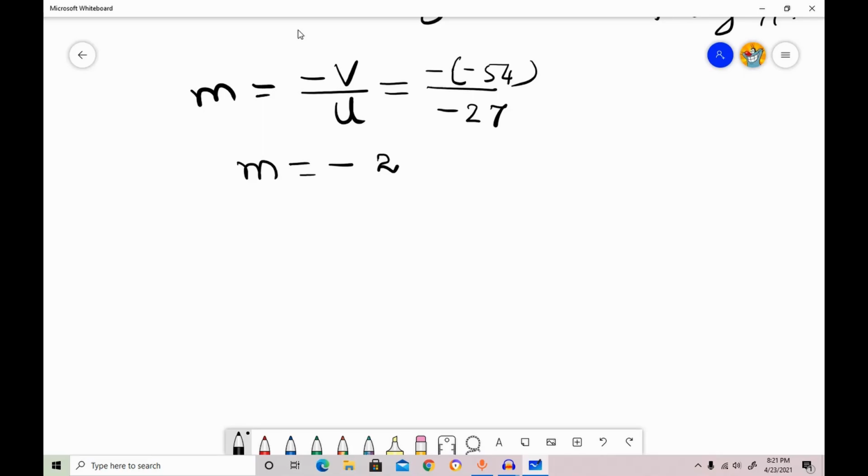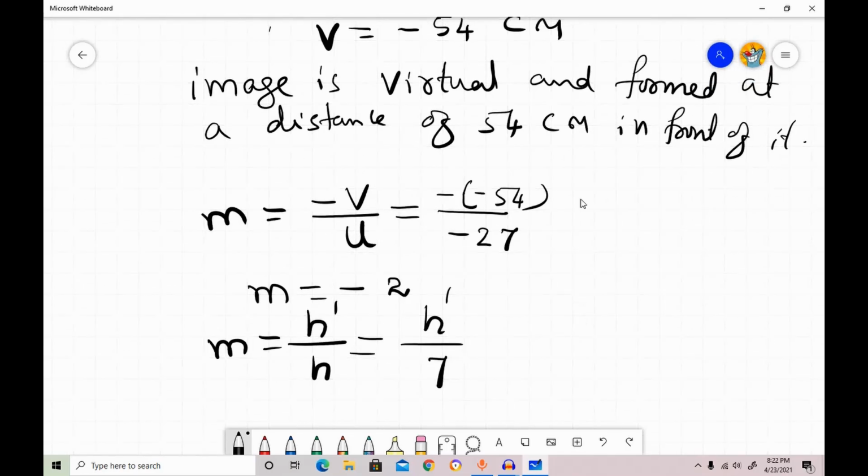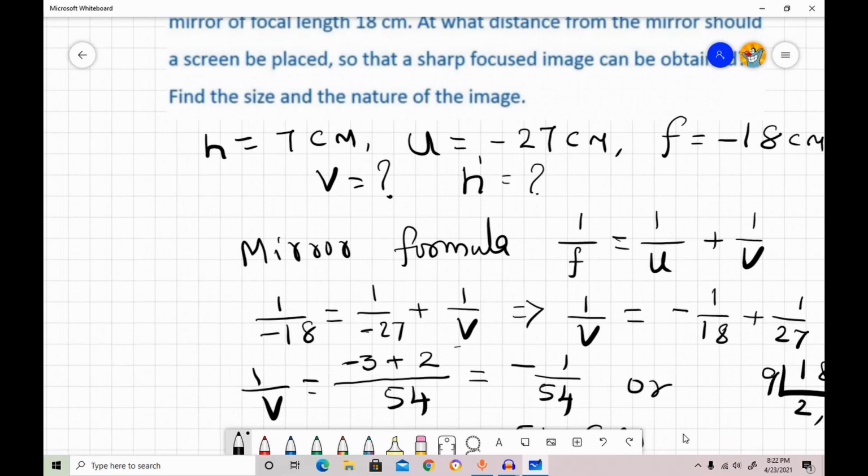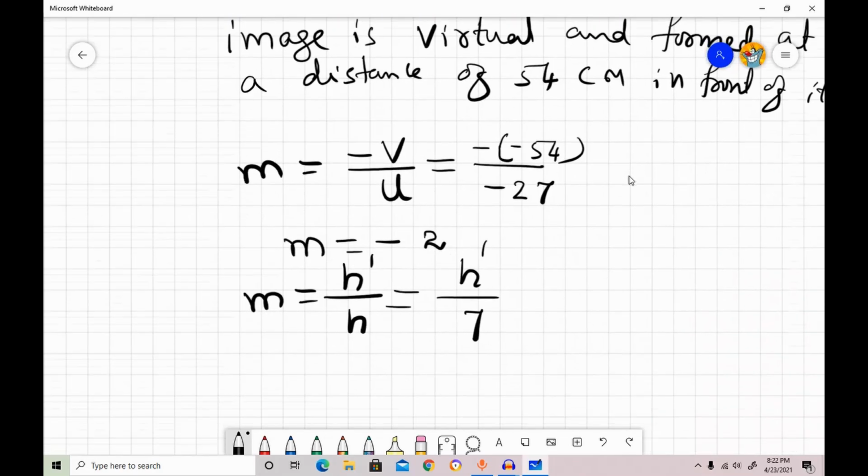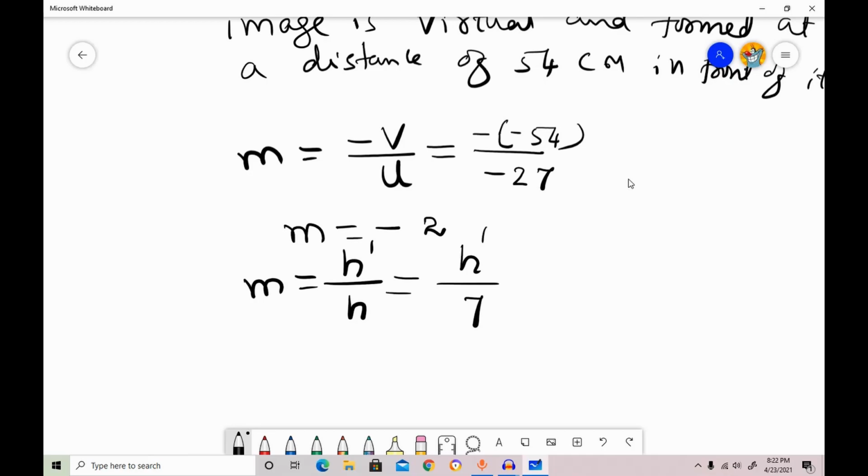So again, write the formula: m equals h dash by h. h dash by 7, this is the height of the object, equals minus 2.